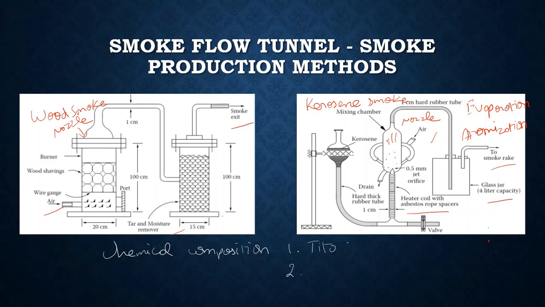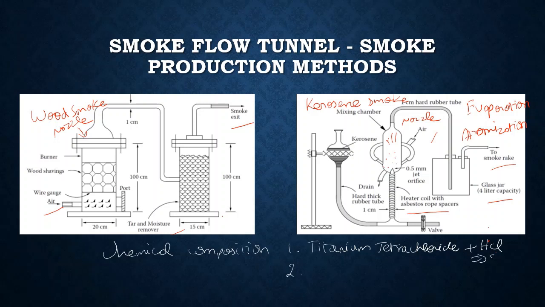Here we have titanium tetrachloride with HCl, hydrochloric acid. When titanium tetrachloride, a powder-like substance, is exposed to HCl, or when you add a small drop of hydrochloric acid to that powder, smoke occurs.